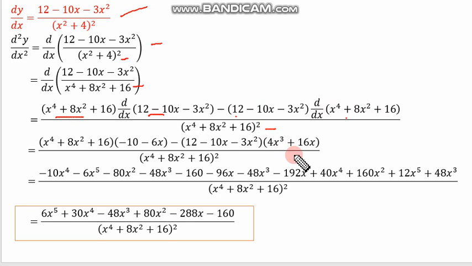So that's x raised to the 4th plus 8x squared plus 16 quantity squared. Okay, so we will solve the derivatives first.